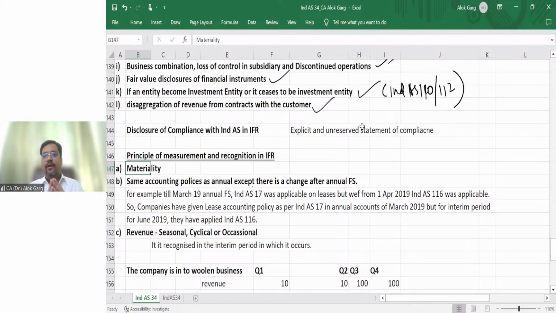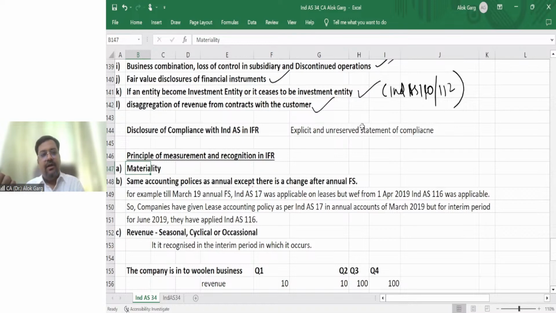Whether we need to compare with the annual profit of 50 crore? So what is the percentage of 1 crore out of 50 crore? It is 2%, right? But if I compare with the quarterly profit, my current period profit is, let's say, 10 crore. So what is the percentage of 1 crore out of 10 crore?